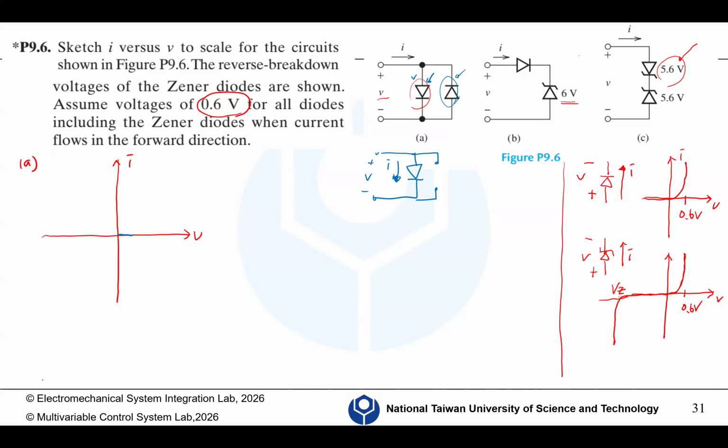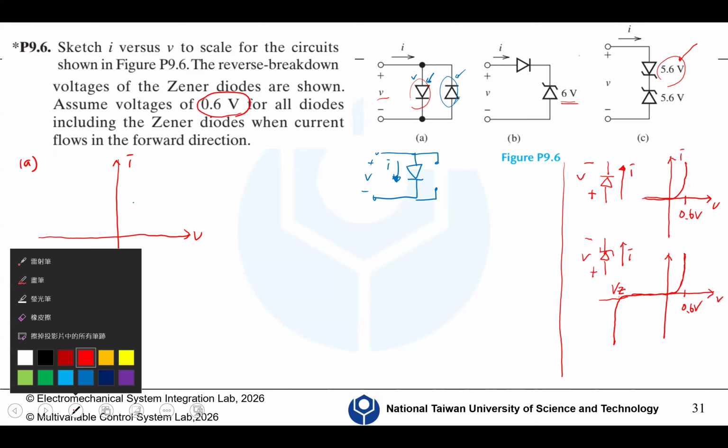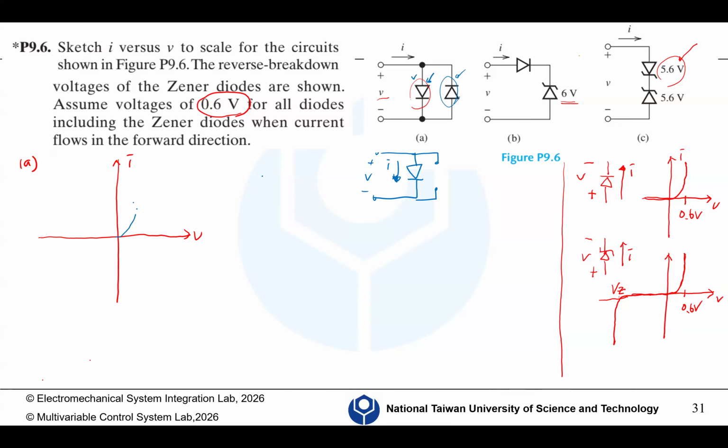Since it's forward bias, the curve is just like this curve, with this 0.6 volt.